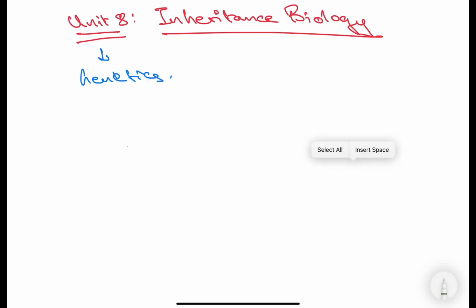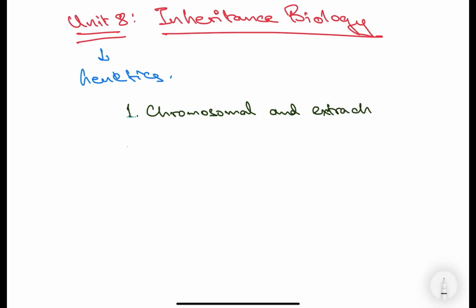This unit is divided into 6 parts. First is the chromosomal and extra chromosomal inheritance.